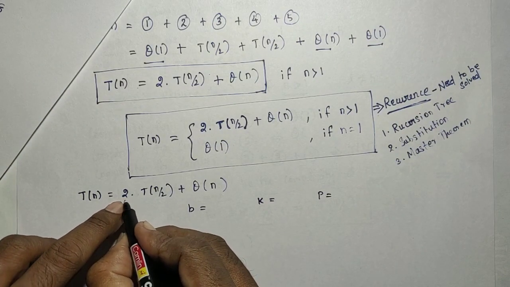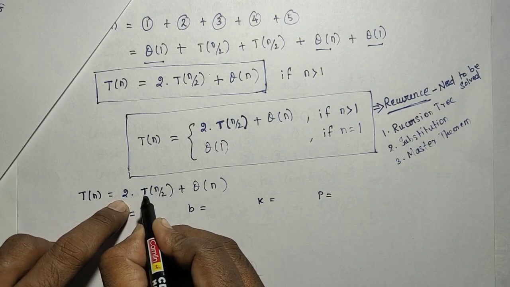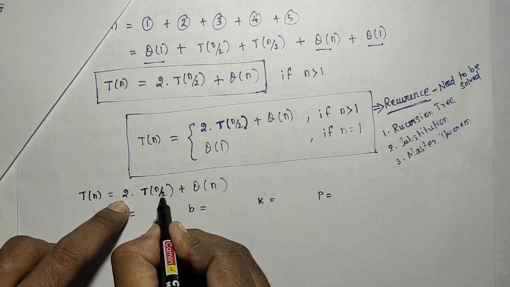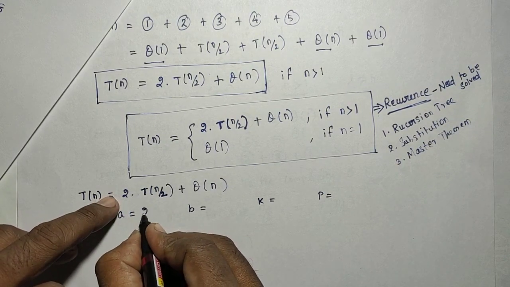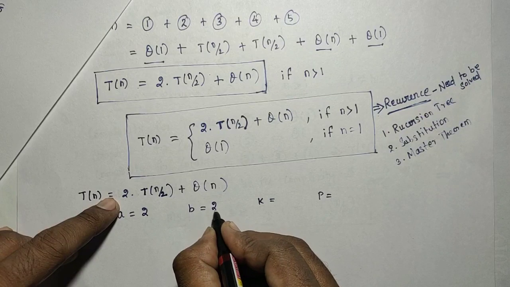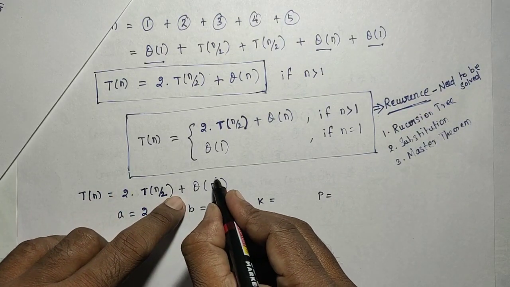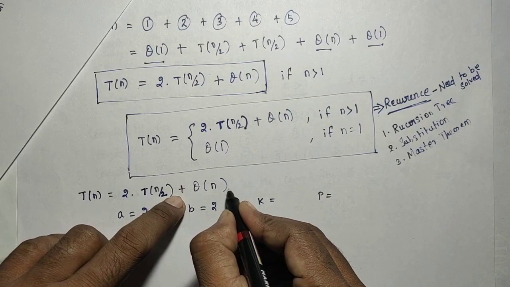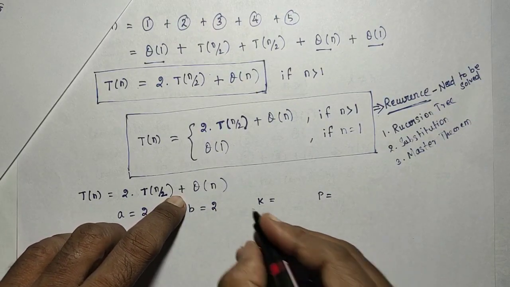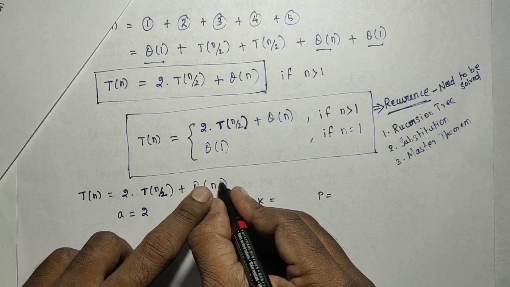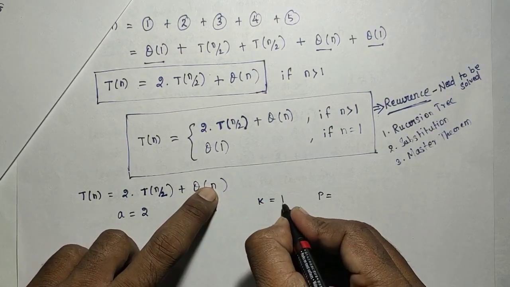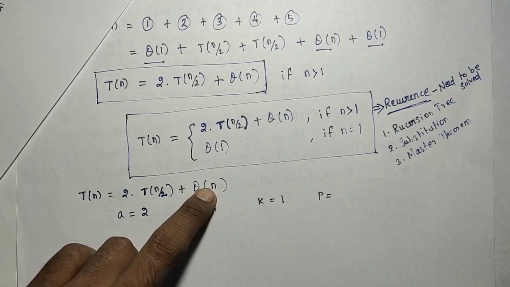Here the format is a into T of n by b, so a is 2 and b is 2. Then theta of n power k into log n power p: k is 1, so n power 1.